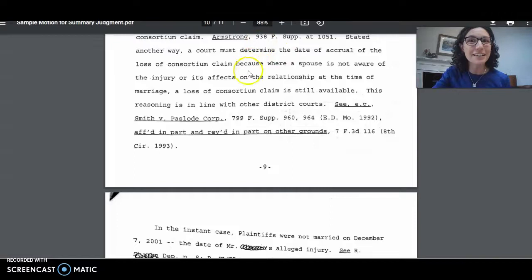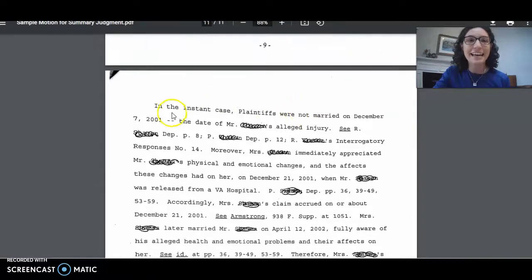But notice the transition here to analysis. In the instant case, remember we talked about those transition words.